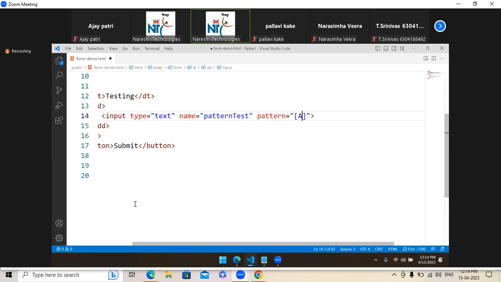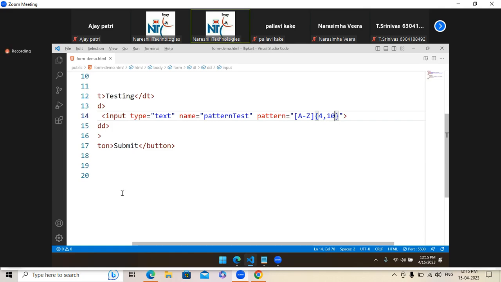In square braces, A-Z. This indicates only uppercase. Now this indicates one character only. You can put a quantity beside it. You can say 4, means exactly 4, not less than 4, not greater than 4. There must be only 4 characters. 4 comma 10, minimum 4, maximum 10.